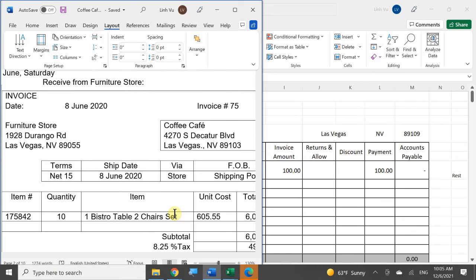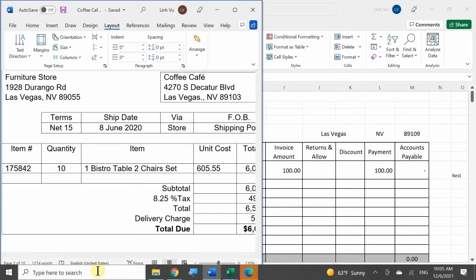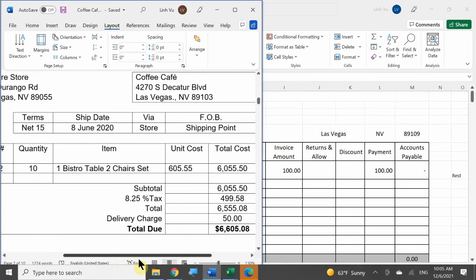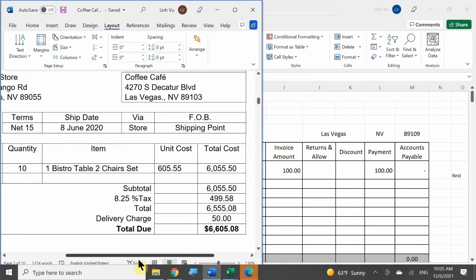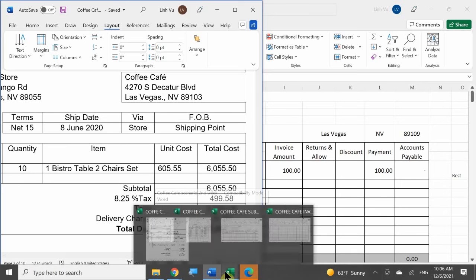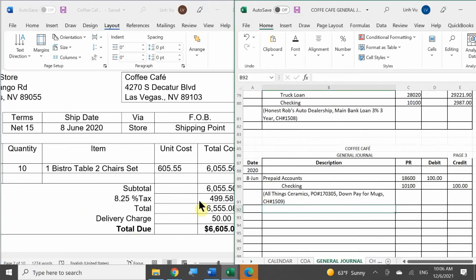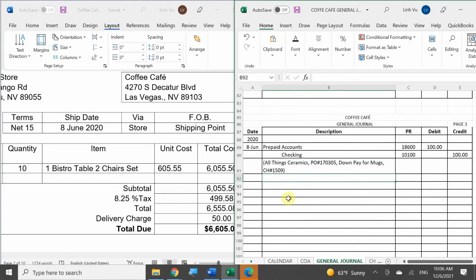So here's the detail in regards to the actual tables and chairs. Now in this case, I received a bill. So my assumption here is I am going to record the bill and say I'm not going to pay now, I'm going to pay later.